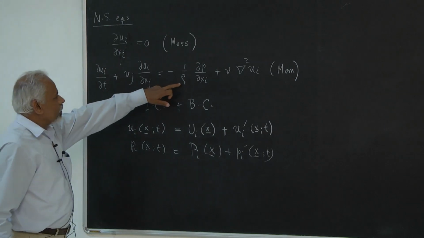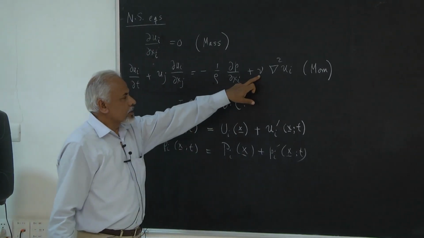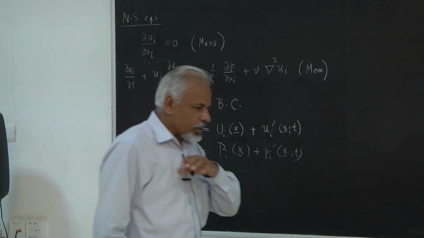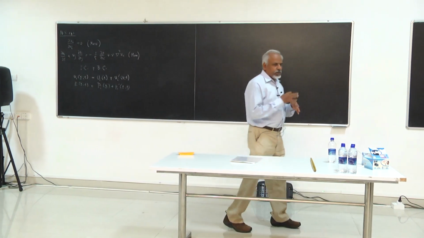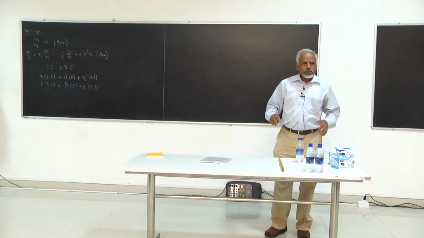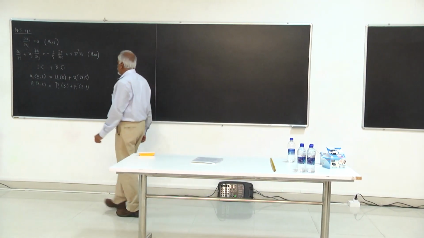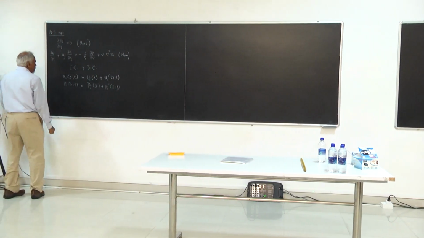The density I am going to say is the same. It's not going to fluctuate. And I will also say that the viscosity will not fluctuate. It's a fixed number. So you have a given fluid, say air or water or whatever, at a given temperature and so on. Its viscosity is the same and its density is the same.